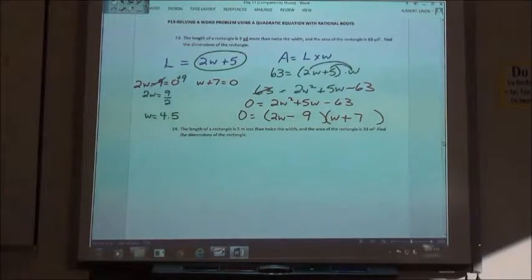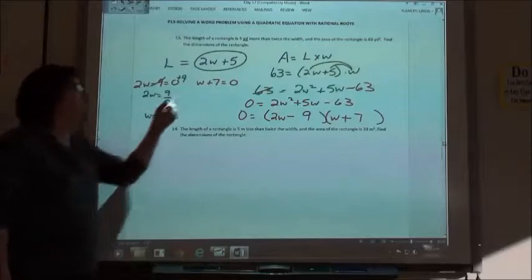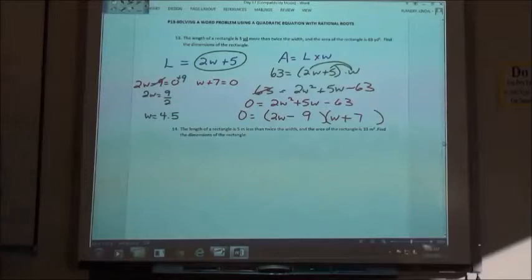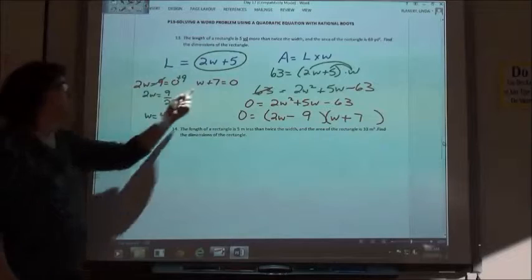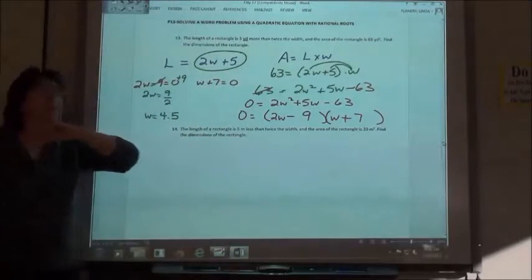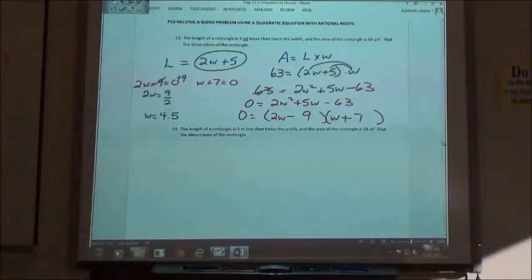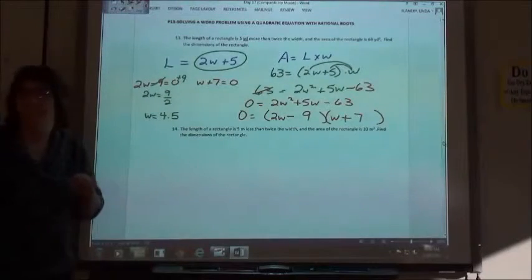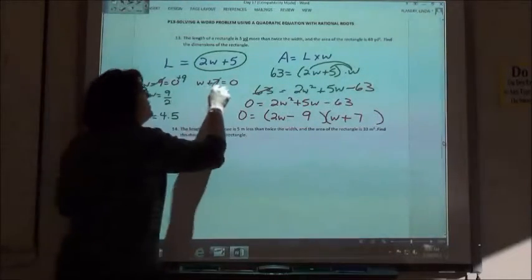If we solve the other one, w plus 7 equals 0, what happens there? You get negative 7.